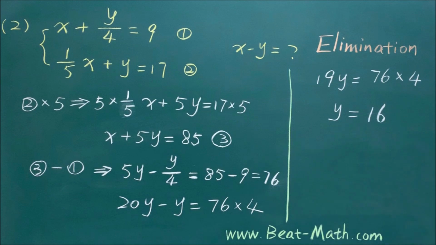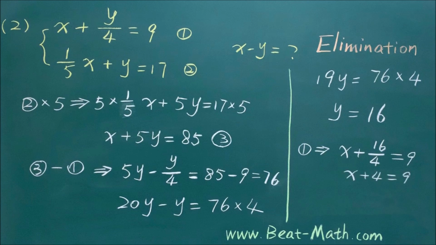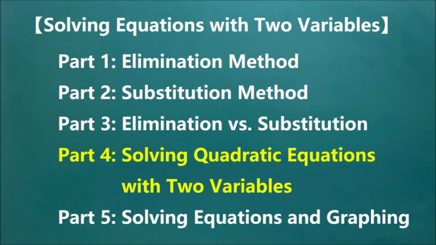Plug y into any equation, for example, equation 1. x plus 16 divided by 4 equals 9. 16 divided by 4 equals 4. x plus 4 equals 9. x equals 9 minus 4, which equals 5. x minus y is 5 minus 16, which is negative 11. Now, we have the final result by substitution and elimination.